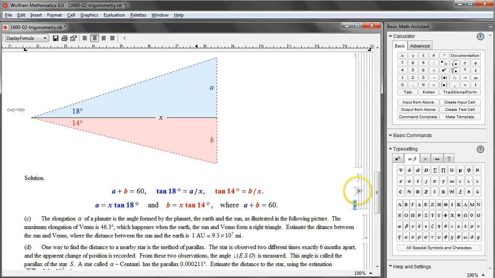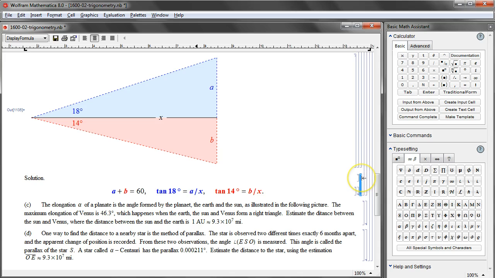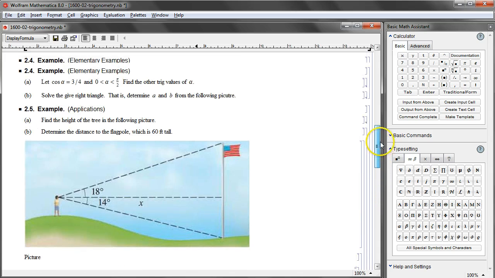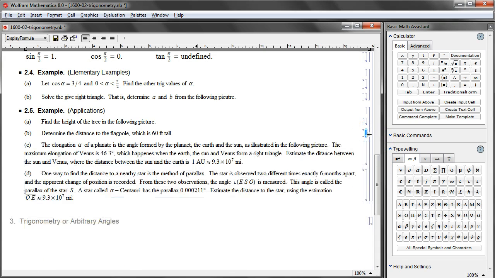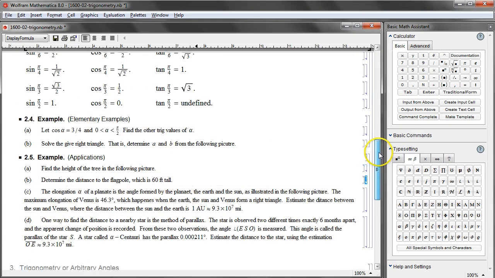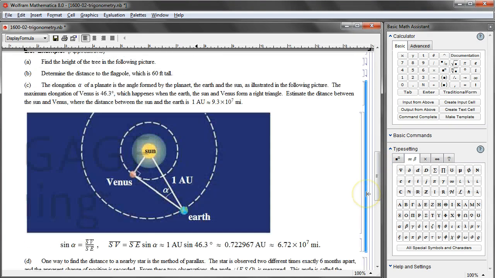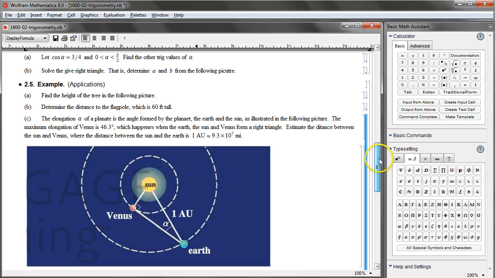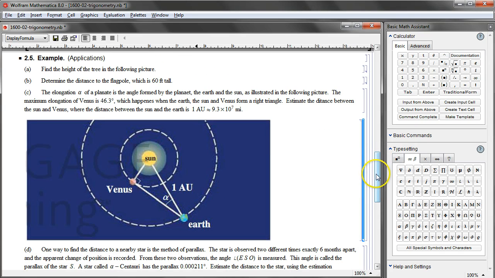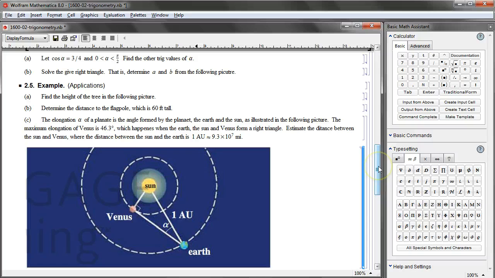Okay, we have a little bit of time left, and both of the examples we did were tangent functions. So let's talk about something else, and that something else is problem C. The elongation alpha of a planet is the angle formed by the planet, the Earth, and the Sun, as you see in this picture.